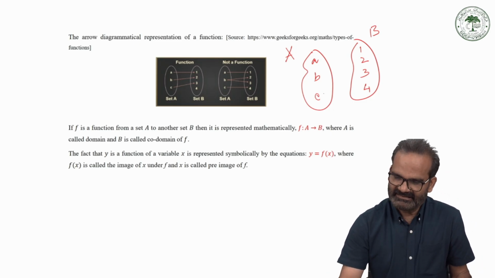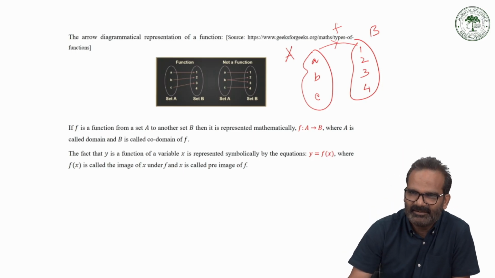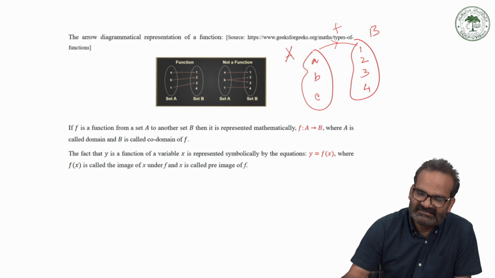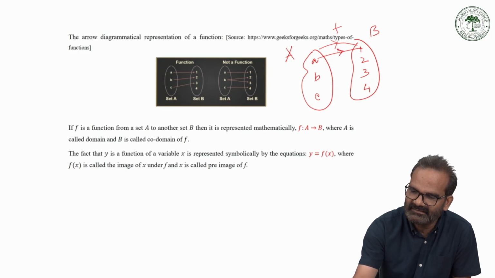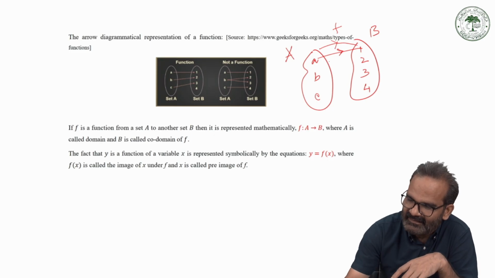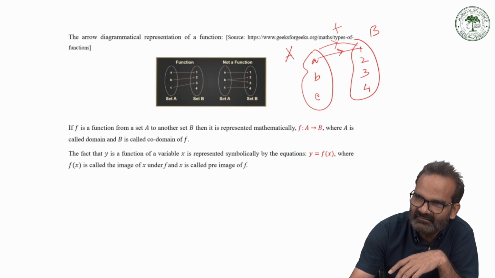Now, this is a set A, this is a set B. Now we will define a function f from A to B, right? Look at this figure carefully. What this figure shows is that A is arrowing towards 1. Mathematically, this indicates that if the function f is operated on A, it converts to 1.